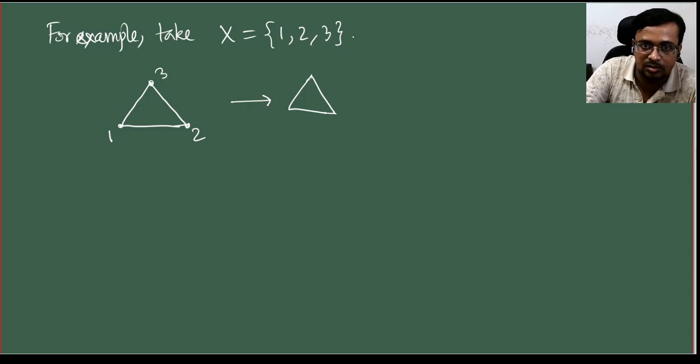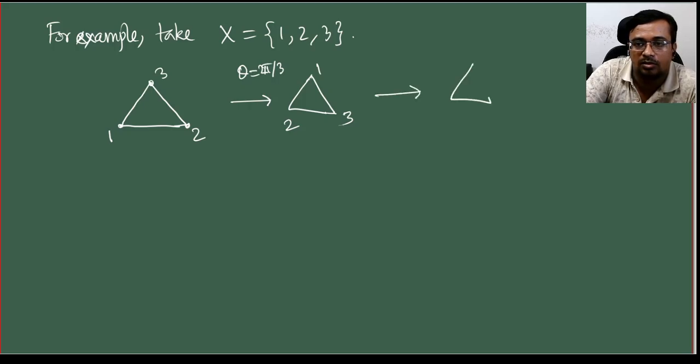So let's see. 3 goes to the position of 2 by, say, theta equal to 2 pi by 3. So rotation by this angle theta, you get 3, 2, 1. Again, we apply this rotation, you get another triangle.